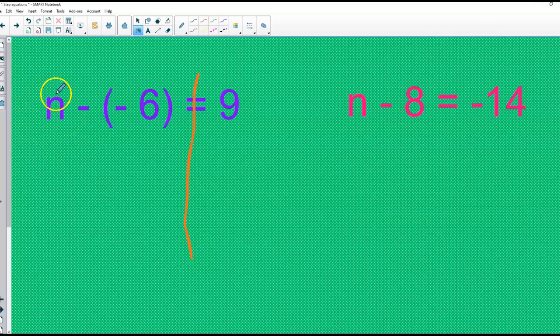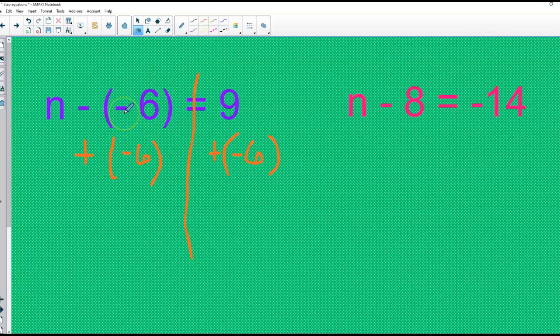We want the n alone. So we've got to get rid of this. Okay? Now, the opposite of subtraction is addition, right? And then we have the -6. That is not changing, just the operation. So what I do here, I must do here. Okay?